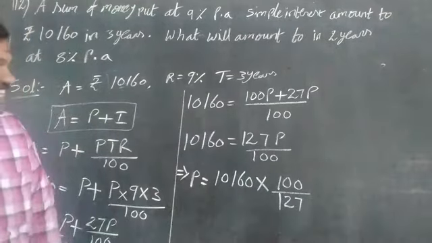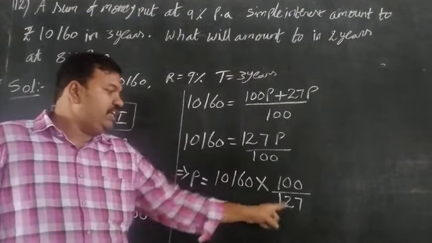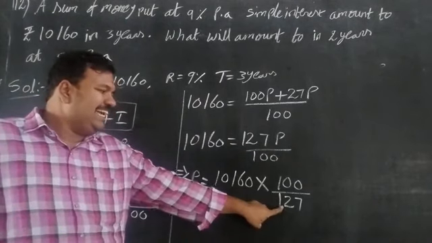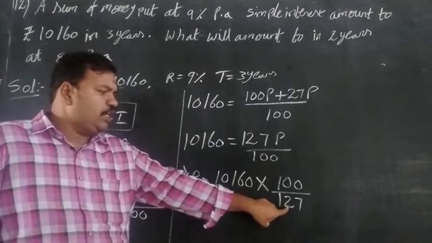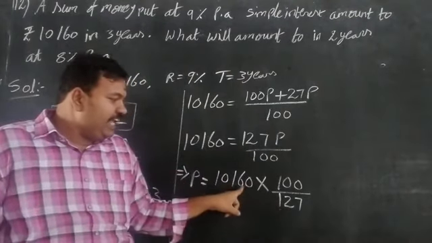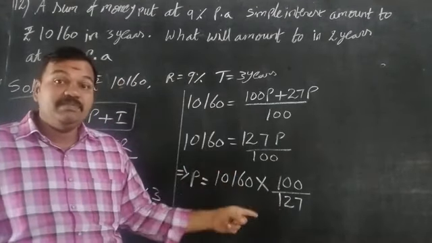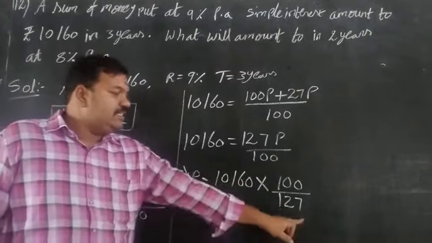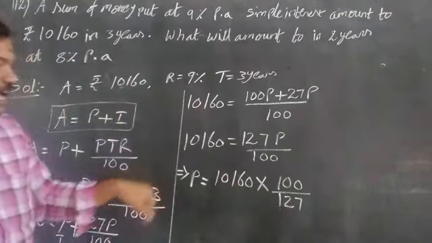See the cancellation once. 127 and 10160. Is direct cancellation possible or not? There is one shortcut. 127 into how many times gives 1016? 7 table 6, how many times? It is 8 times.